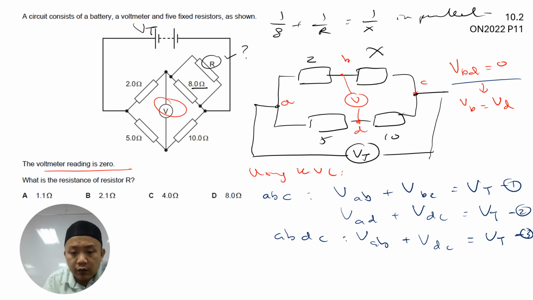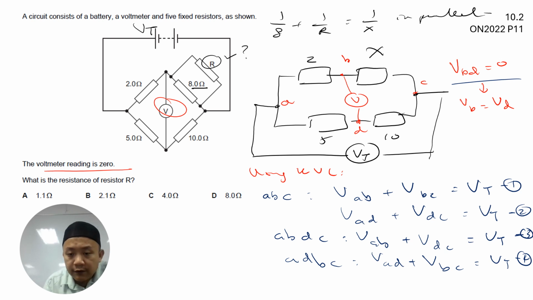Similarly, we use another loop, which is A, D, B, and C. You have VAD plus VBD, again equal to 0, plus VBC, and this equals VT. This will be your fourth equation.